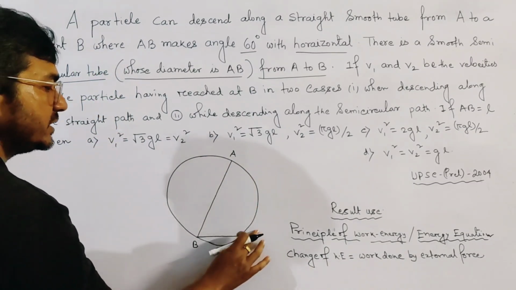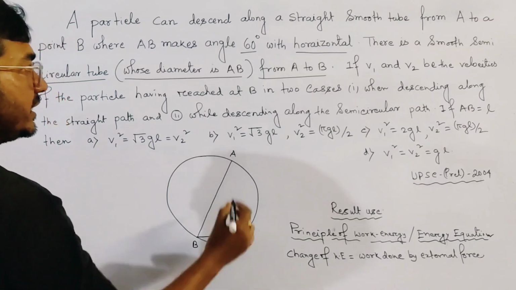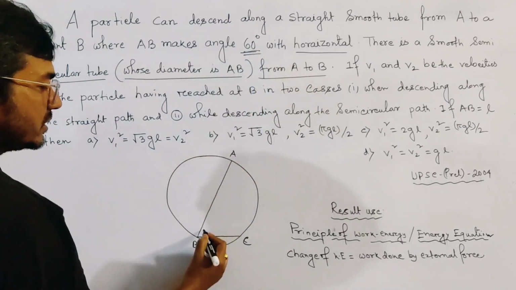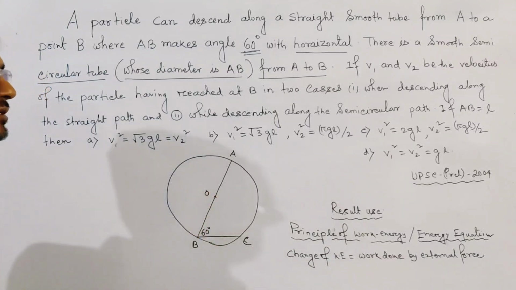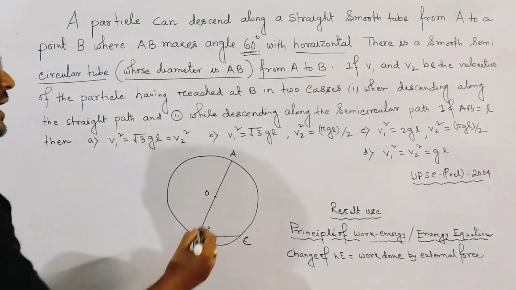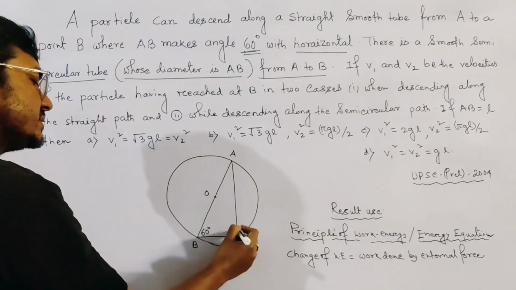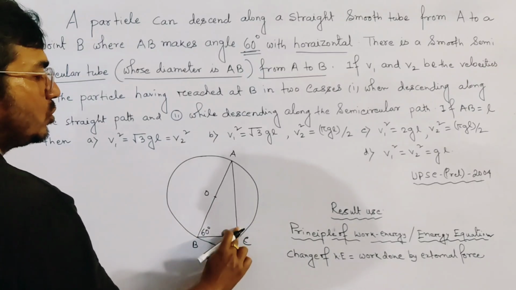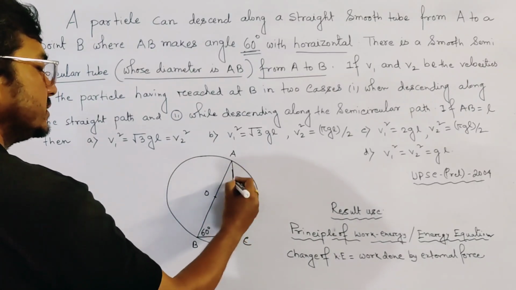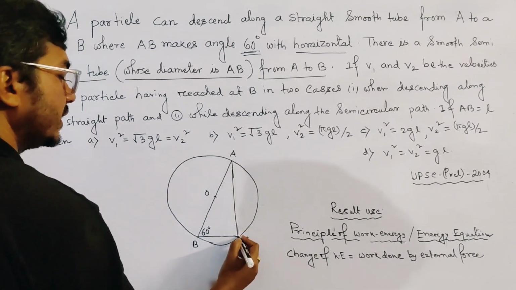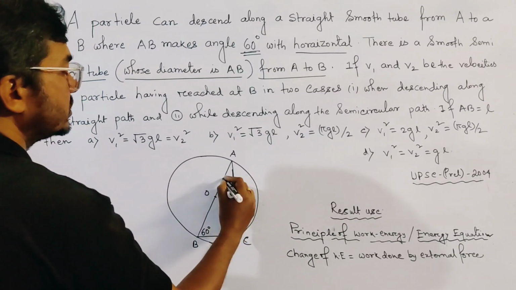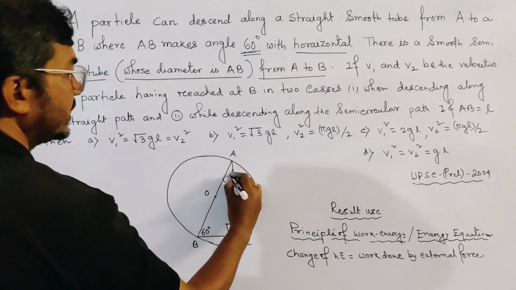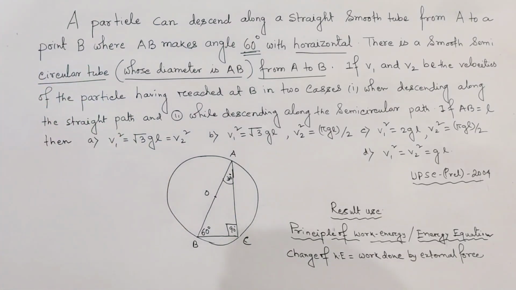This is C, and here it is given that 60 degree, and let this be the center of the circle. Since it is given that it is a semicircle, so it must be a right angle. This is 90 degree, so this is 30 degree. This is the complete figure.